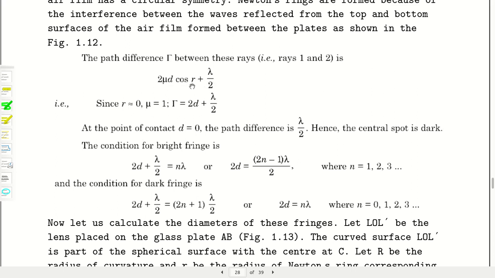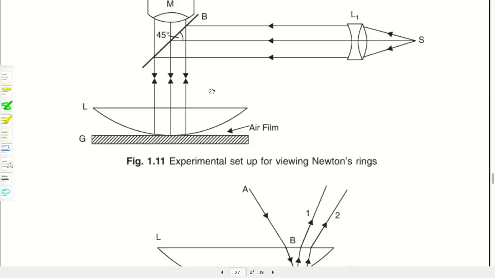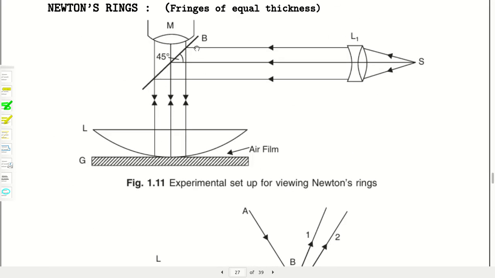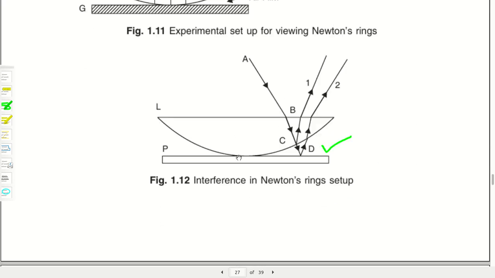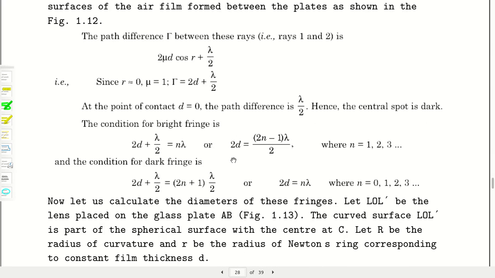So alpha is gone and r is nearly equal to 0 for the normal incidence of the light, which is our experimental condition. So r is equal to 0. Now if r is equal to 0, mu is equal to 1 and alpha is equal to 0, you will get the simple form of the path difference, which is 2d plus lambda by 2.